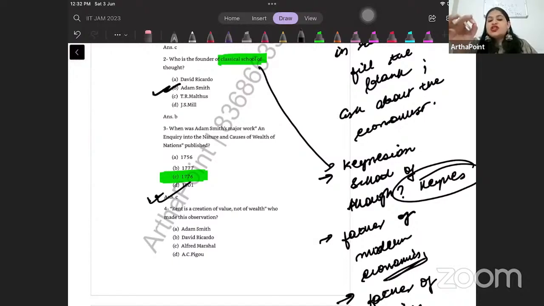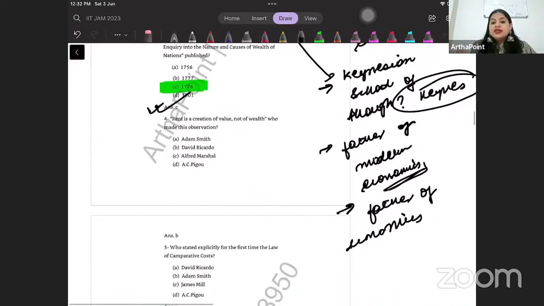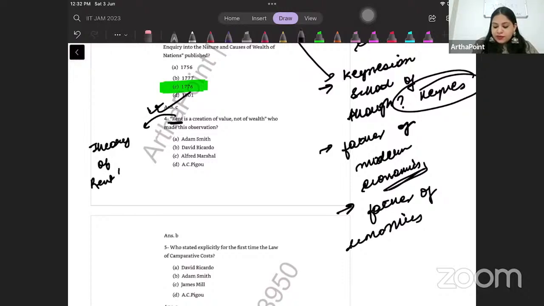Rent is creation of value, not wealth. Who made this observation? बेटा, थ्योरी ऑफ रेंट रिकार्डो ने दी है, तो रेंट से रिलेटेड सब कुछ रिकार्डो ही बोलेगा. So जैसे ही मैंने रेंट देखा, you have to understand that this is corresponding to theory of rent, and theory of rent can be linked to Ricardo.